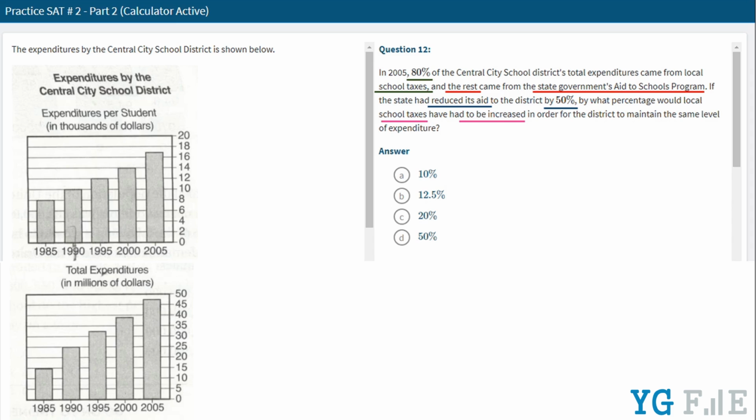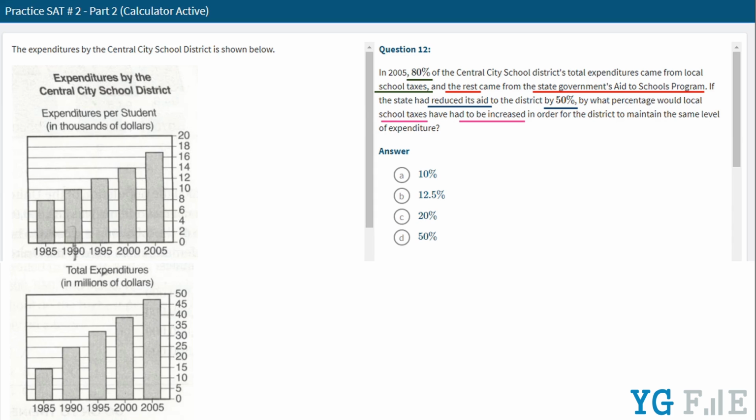So this problem tells us that the state had reduced its aid by 50%, and they want the same level of expenditure. It means that the school taxes need to be increased, and they ask us to calculate how much the school taxes need to be increased in percent.